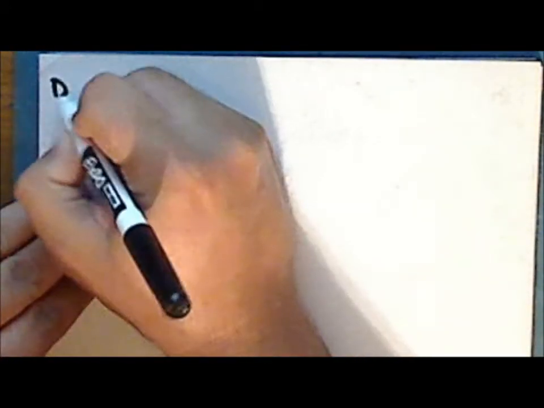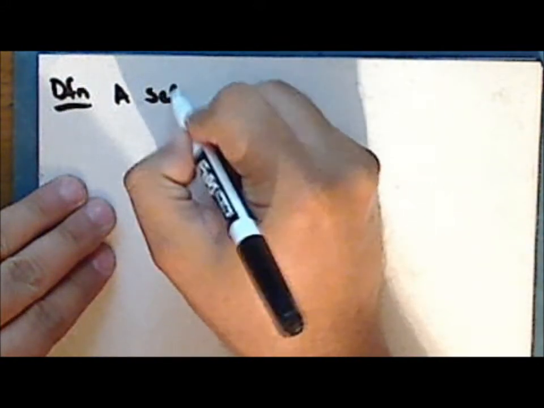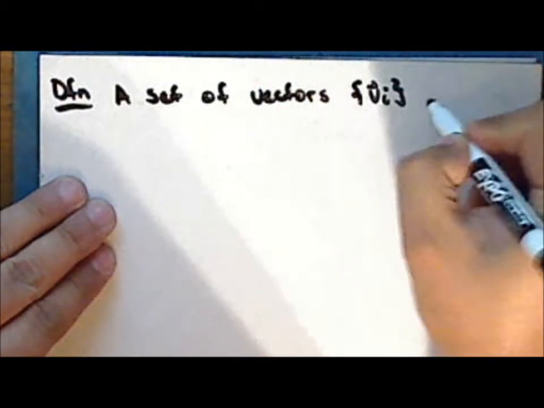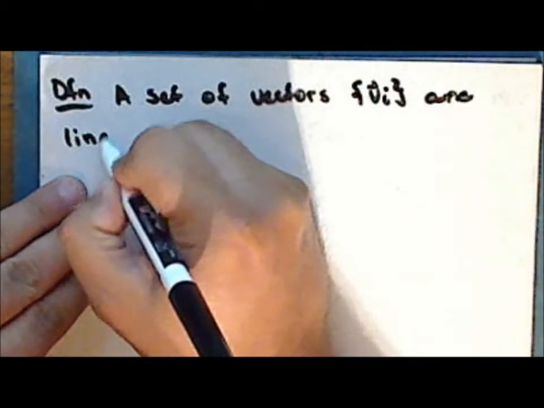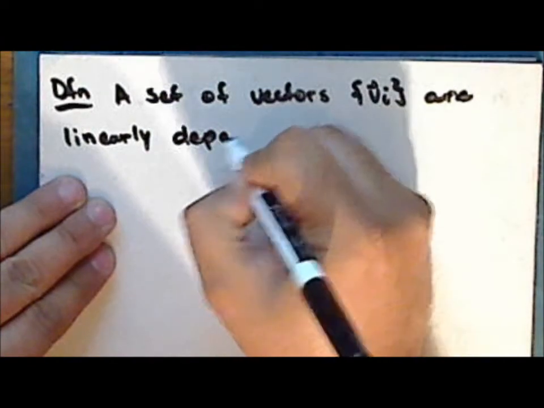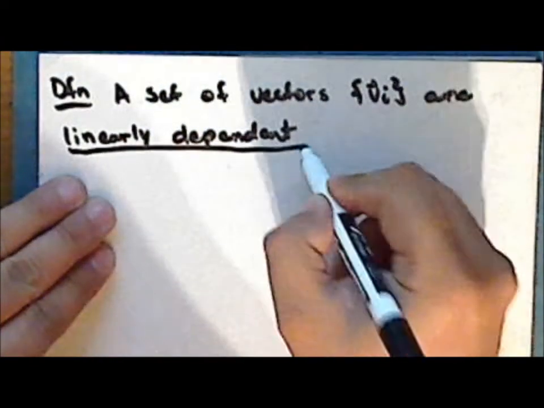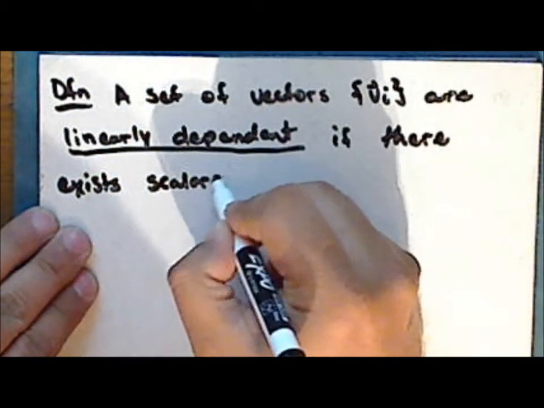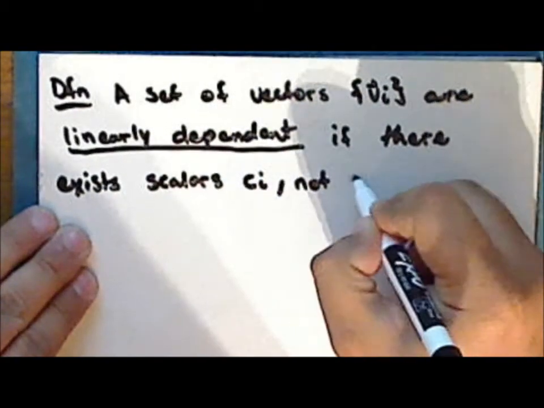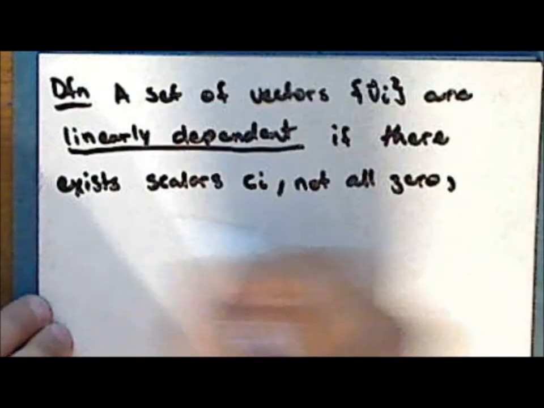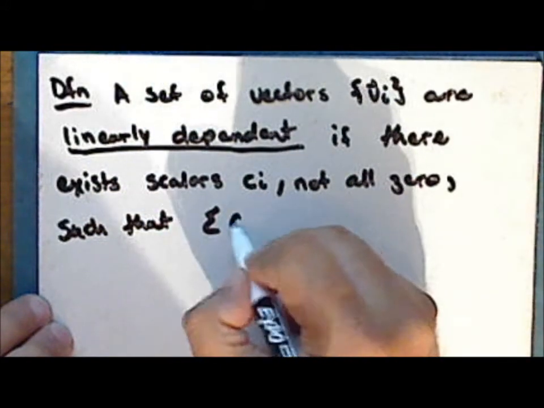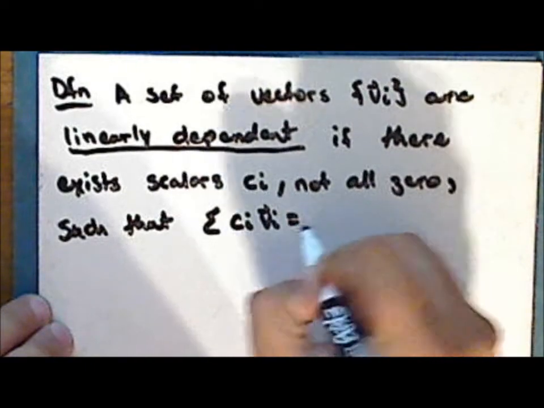Okay, new definition. A set of vectors v sub i are linearly dependent if there exist scalars c sub i, not all 0, such that the linear combination of those scalar multiples of the vectors gives the 0 vector.